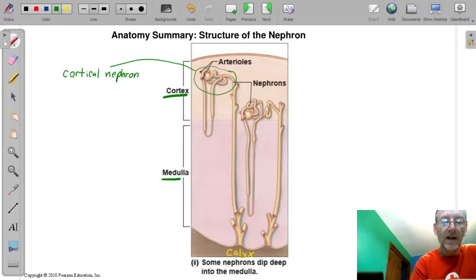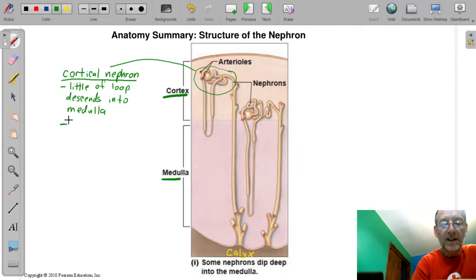Let's also say that a little of the loop descends into the renal medulla. And these cortical nephrons are about 80% of the nephrons in humans. About 80% in humans.